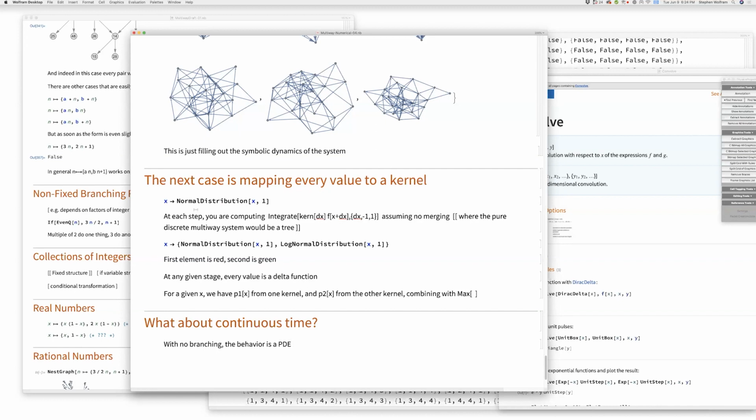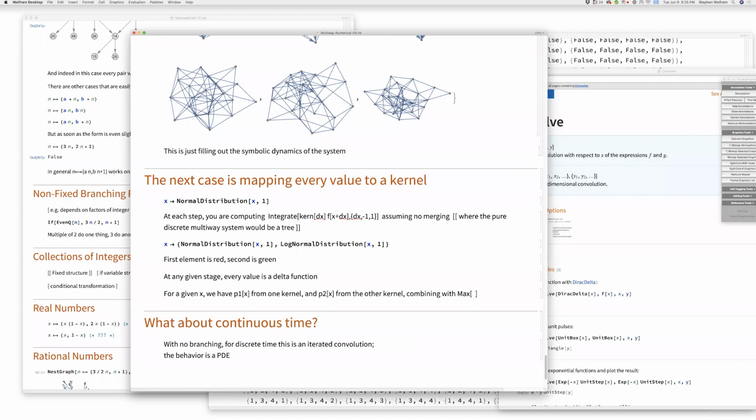So in the previous case, in discrete time with no branching, it's a convolution, right? In discrete time, it's an iterated convolution. Correct?